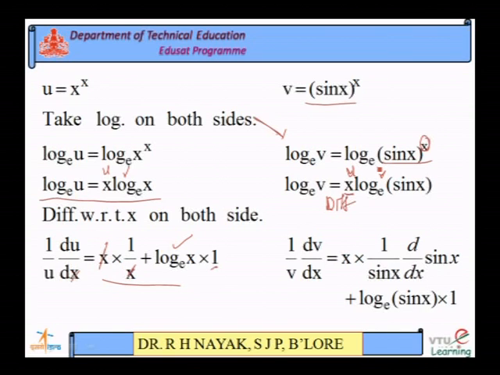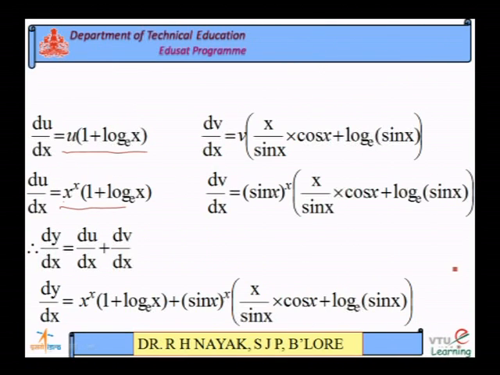Hence, x into differentiation of this is what? 1 by sin x into differentiation of sin x, plus log of sin x into differentiation of x. Finally, x into 1 by sin x into differentiation of sin x, which is cos x. So, cos x by sin x will become cot x. So, that I have taken here.